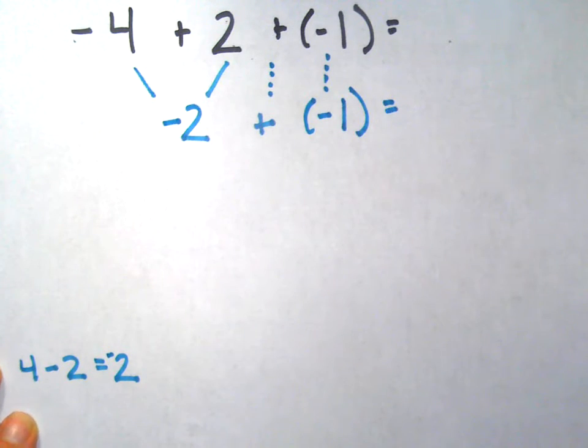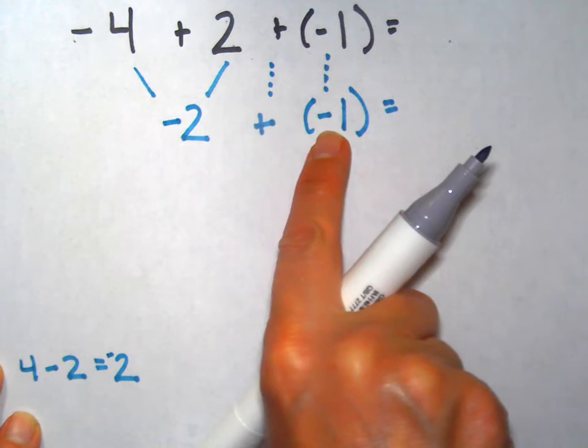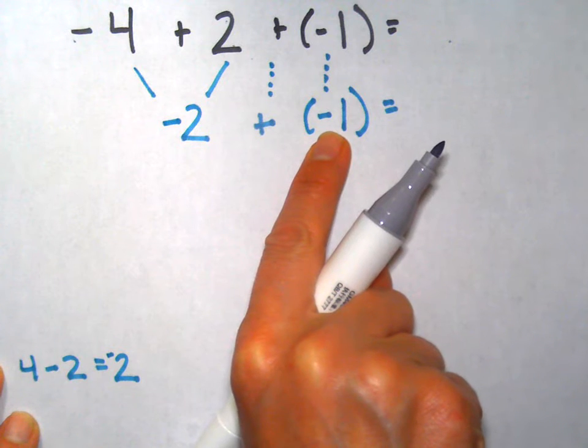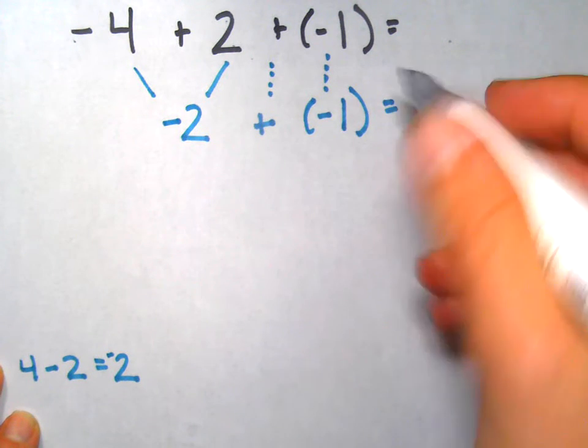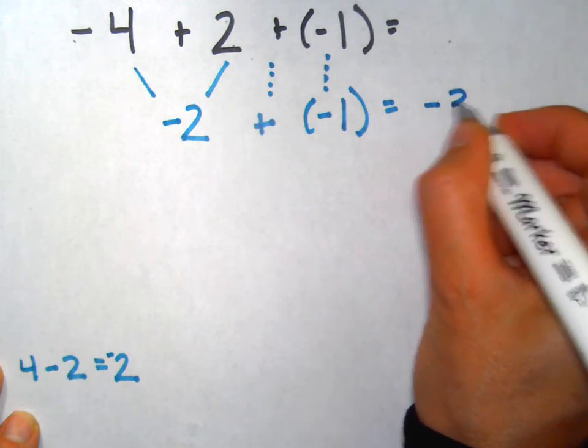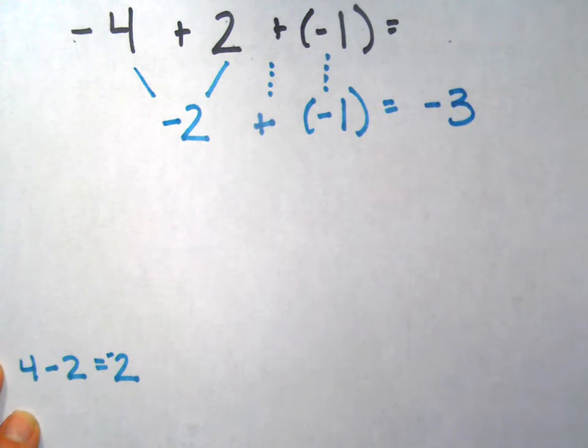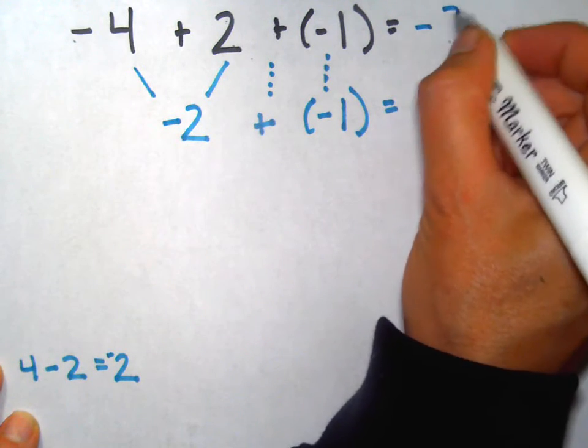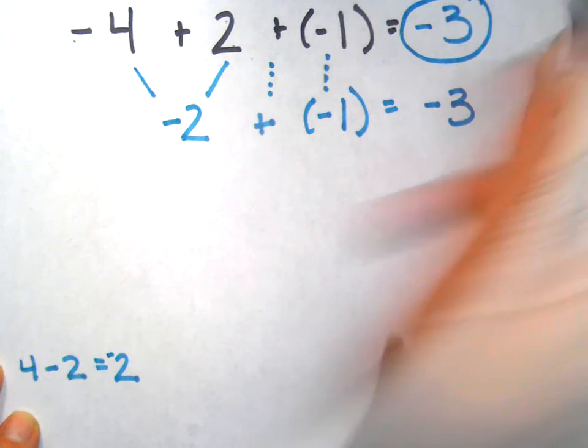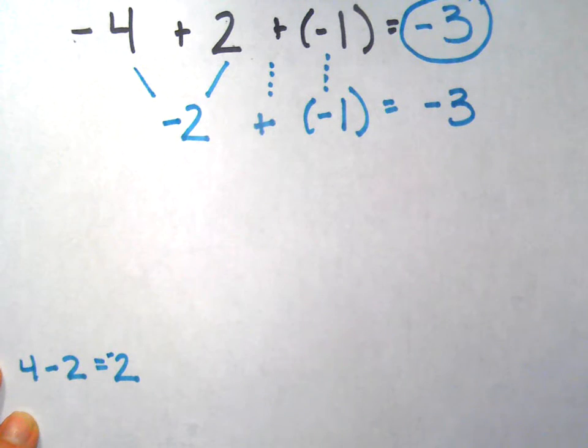Now I'm adding two integers with the same sign, -2 plus -1. Add them, keep the sign. 2 plus 1 is 3. So -2 plus -1 is -3. -3 is my final answer. This is pretty fun. All right. Let the fun continue.